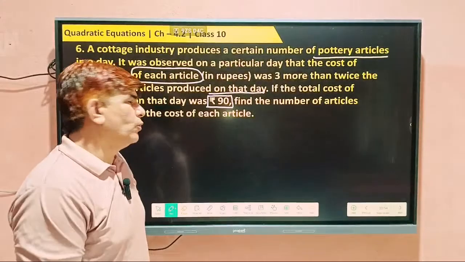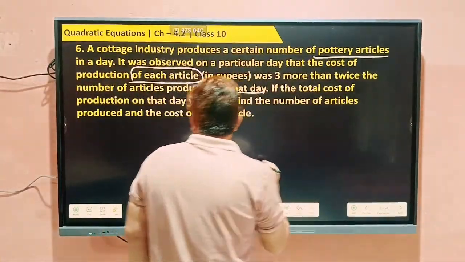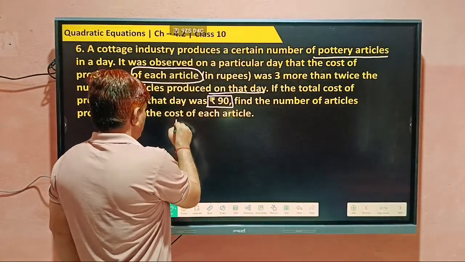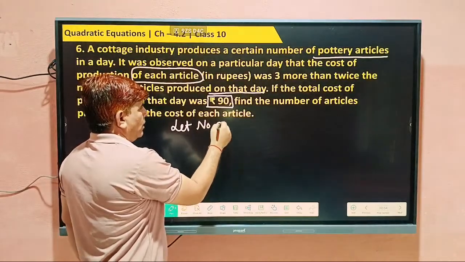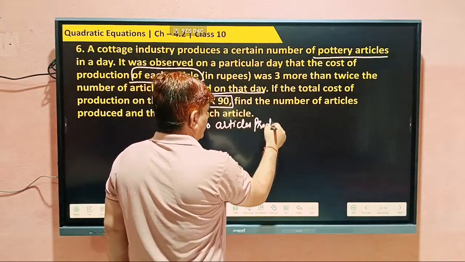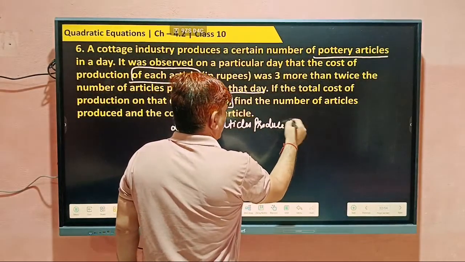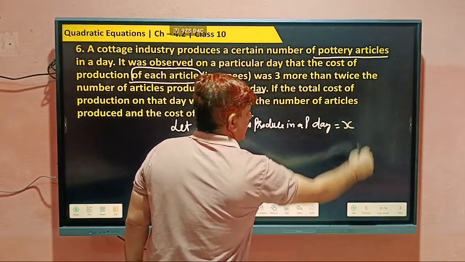So what can we do? In this type of question, you easily know what we have to do. We can do it like this. Let the number of articles produced in a particular day be x.